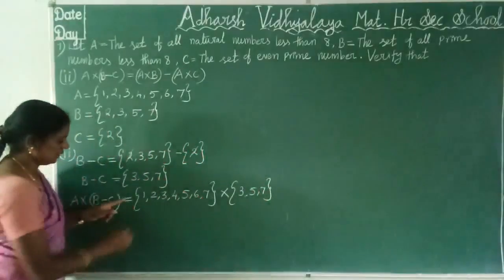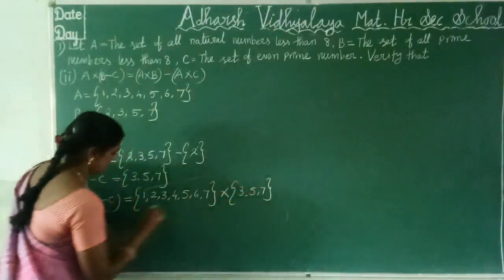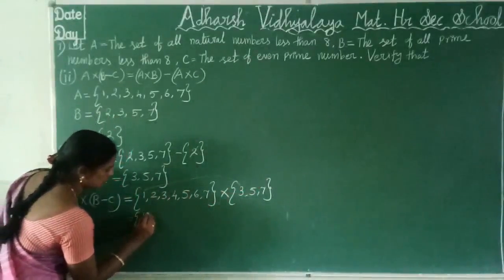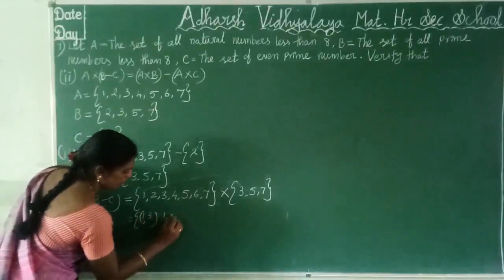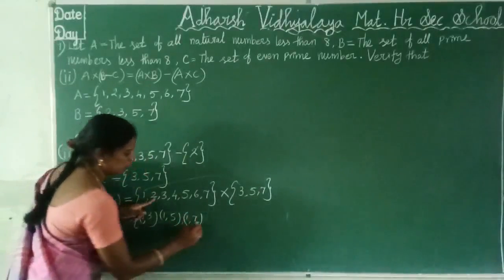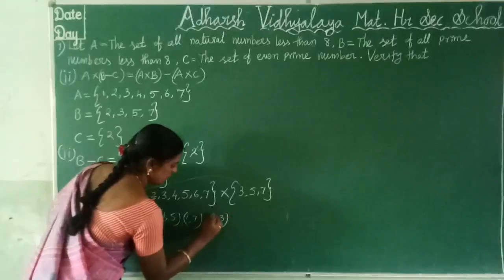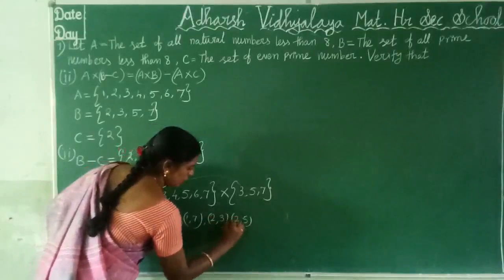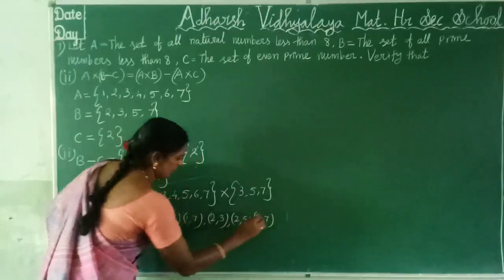Write the ordered pairs. Here we take 1 and 3, 5, 7. So (1,3), (1,5) and (1,7). Next we take 2: (2,3), (2,5), (2,7).